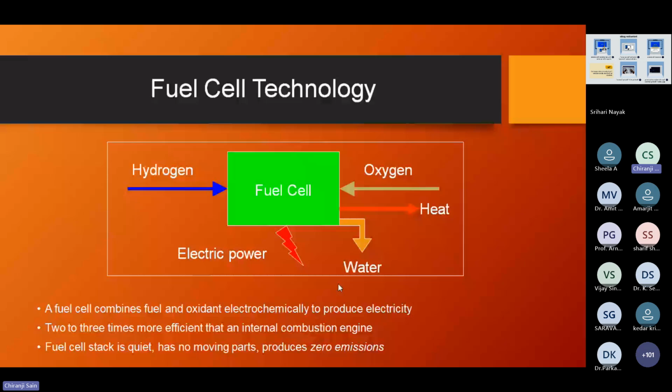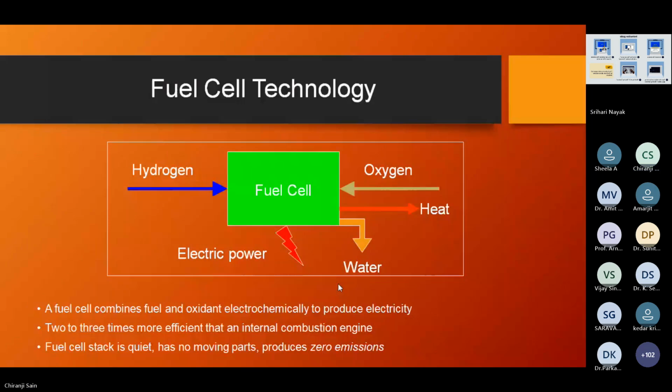We have the anode and cathode; hydrogen is passed through the anode and oxygen is passed through the cathode.